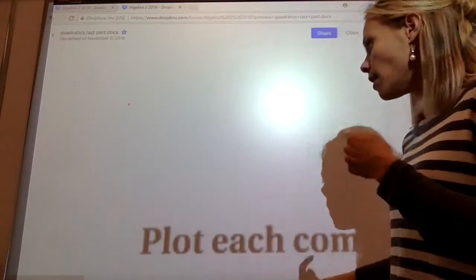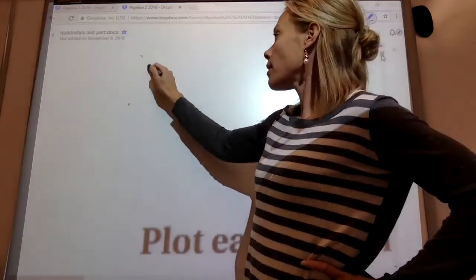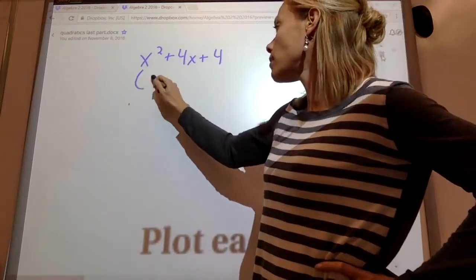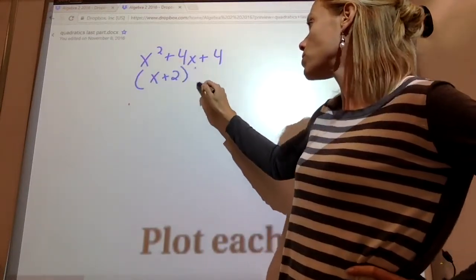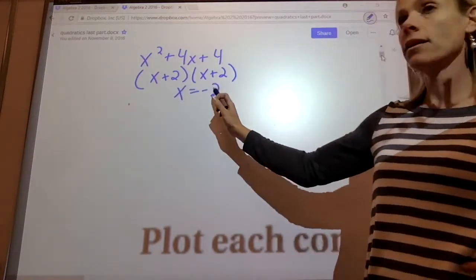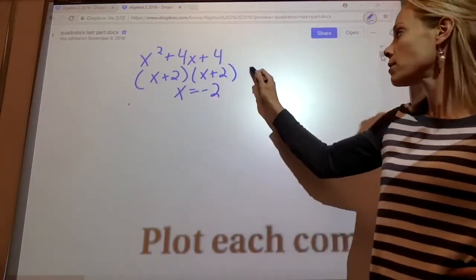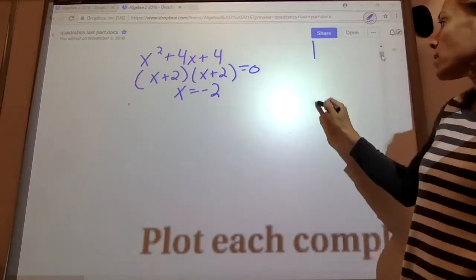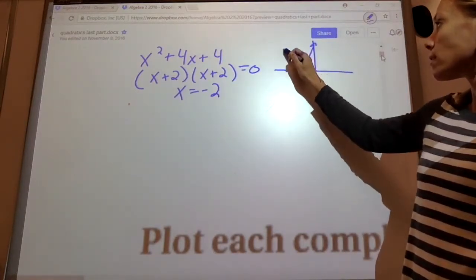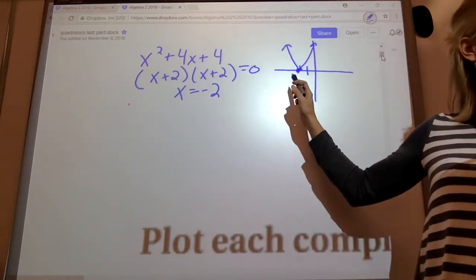We did quadratics like this, where we factored and said, oh, x plus 2, x plus 2, and I only have one answer, -2, right, for this equals 0. What that means is when I have a parabola, it's only crossing at -2. That's it.